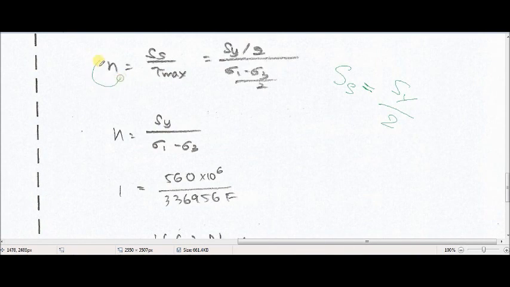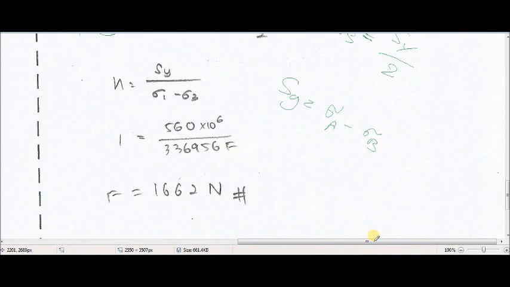If I substitute 1 for the safety factor, we can simplify the equation so that Sy should be equal to sigma A minus sigma B. Then we will substitute Sy here, the yield strength, and this result for sigma A minus sigma B here.